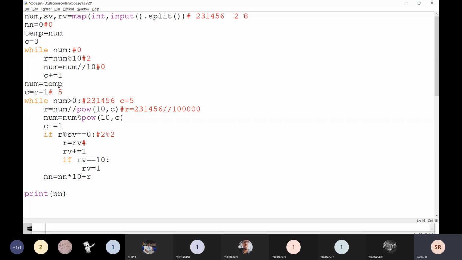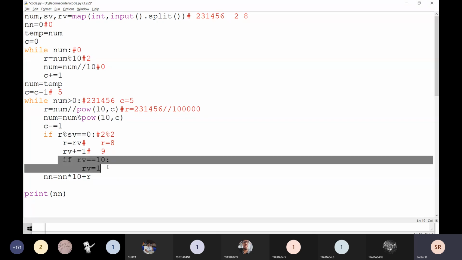What is the RV value? 8. Okay. Now the r value becomes 8. Instead of 2, I am going to take 8 here. Then RV becomes 9, and for the next iteration I am going to take 9 here. If it is a 10, I am going to replace it with 1 here. That is not working now.